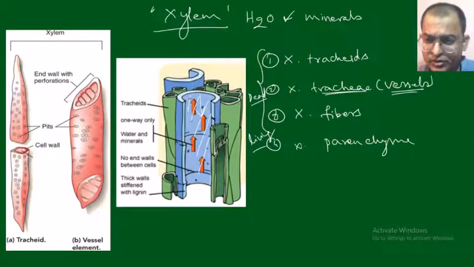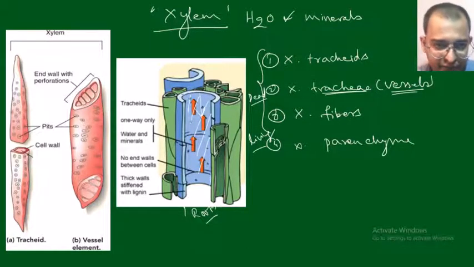It is a continuous pipe, there are no cross walls or anything disrupting the flow of water, and the flow is from the roots upwards towards the shoots, a single unidirectional flow. The other thing we observe is that the cell wall is thick. So trachea as well as tracheids are thick walled, dead cells involved in the conduction of water.